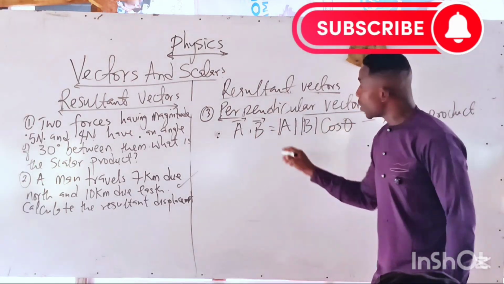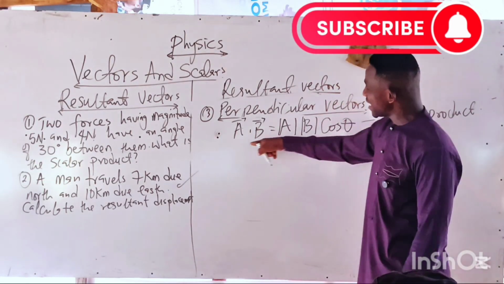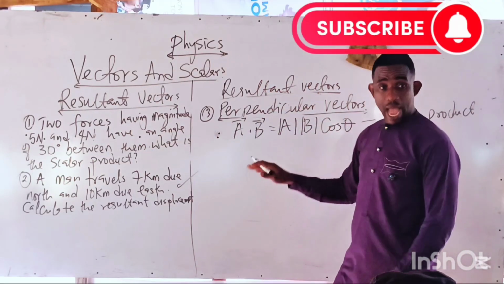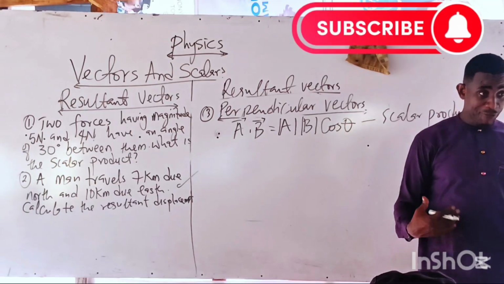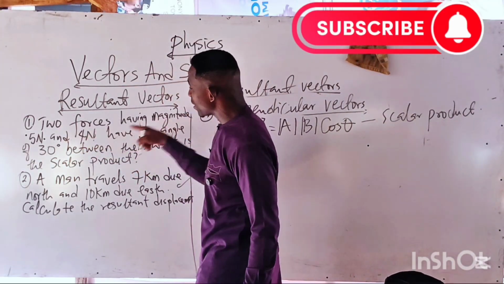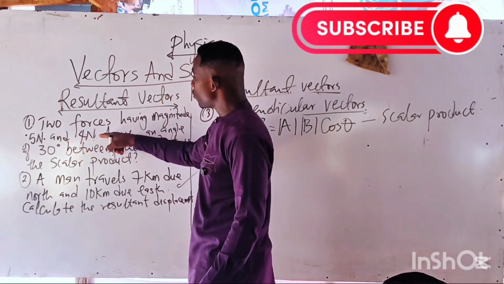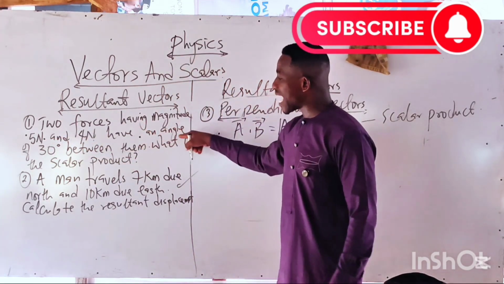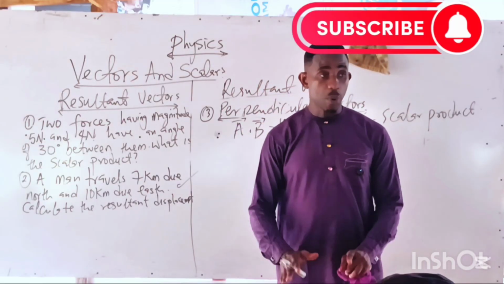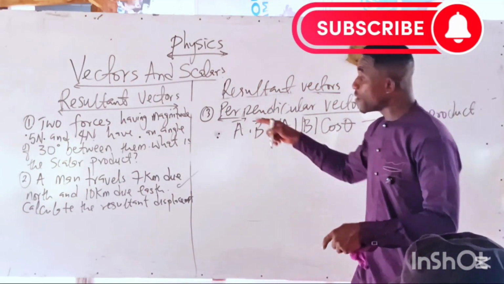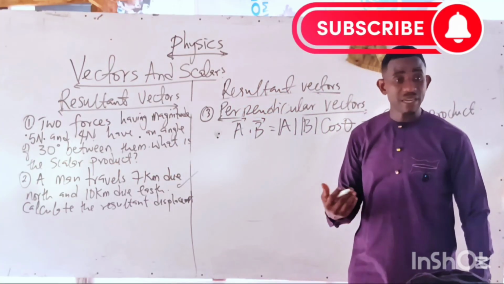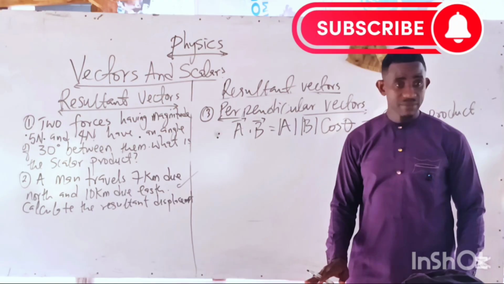Now, in this case, two forces, let A be one force and B be the second force. Are you following? So we are talking about two forces having magnitude 5 Newton and 4 Newton, with an angle of 30 degrees. We have different ways of solving, but they say find the scalar product. If they say find the resultant, it's different.